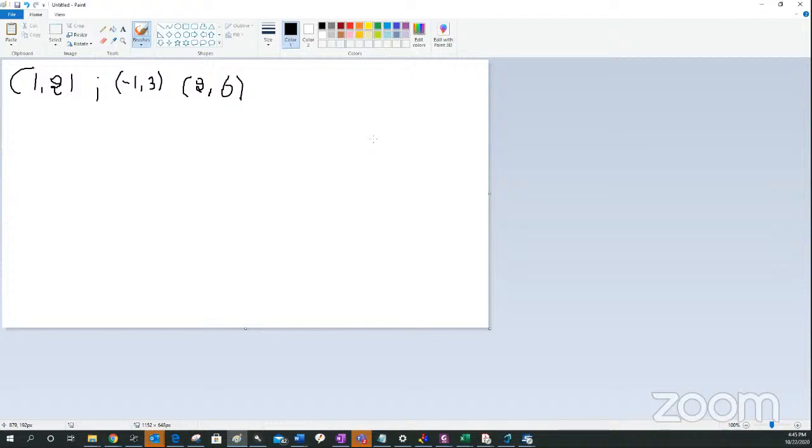I used the other point that you gave us, which was 1, 2, where x was 1 and y was 2.